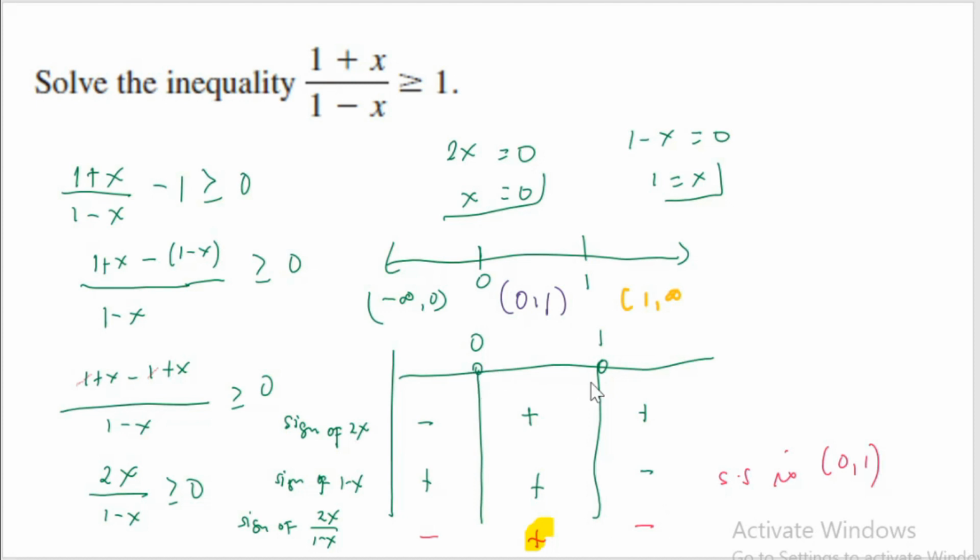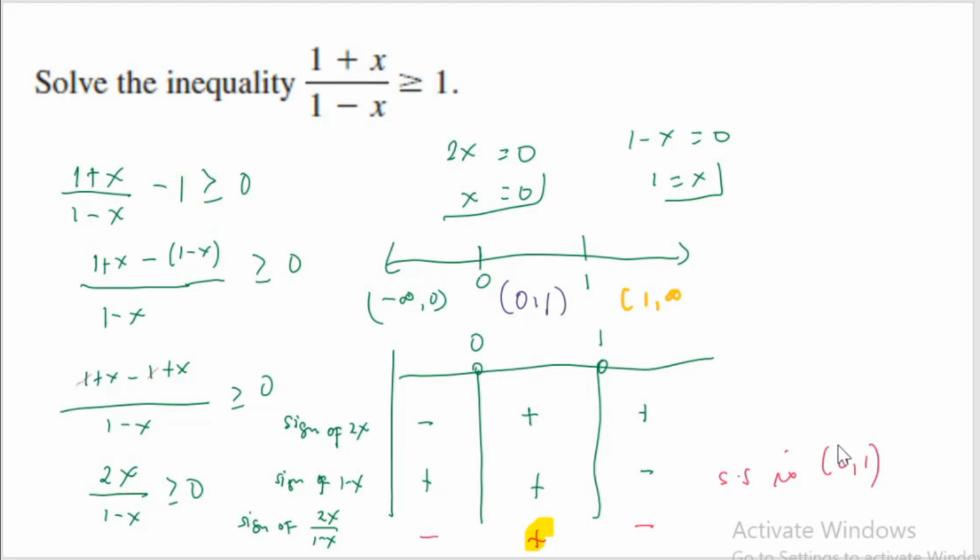Then we check the endpoints. We see that 0 satisfies the inequality, and 1 does not. We check whether 0 satisfies the given inequality, and also 1. When x is 0, 1 plus 0 is 1 and 1 minus 0 is 1, so the quotient is 1 over 1, which is 1, and 1 is greater than or equal to 1.